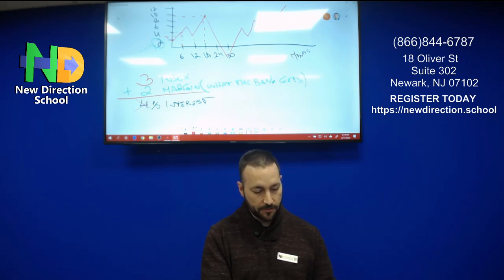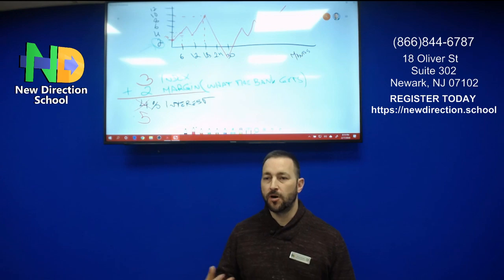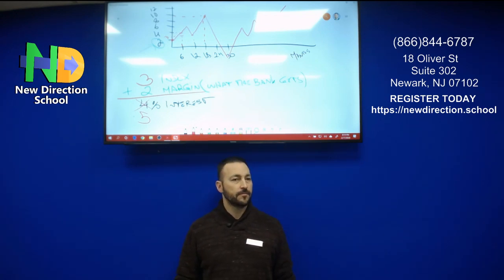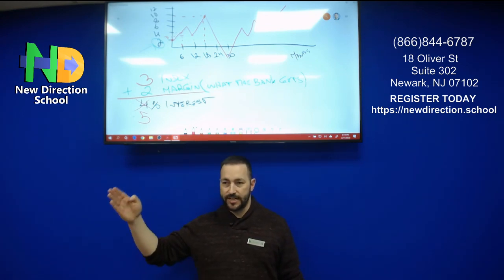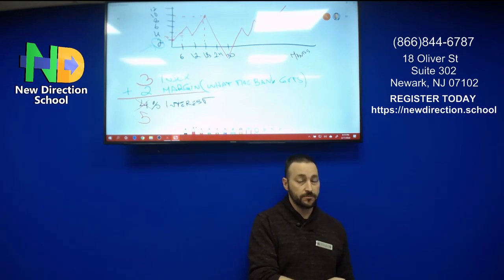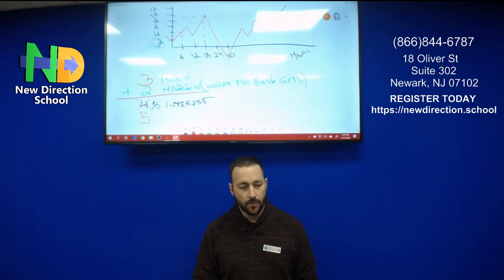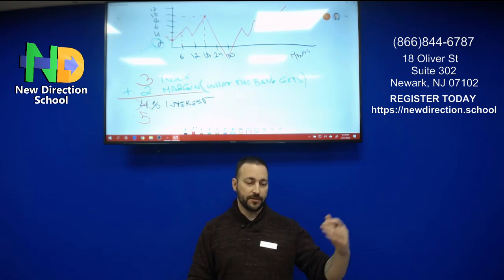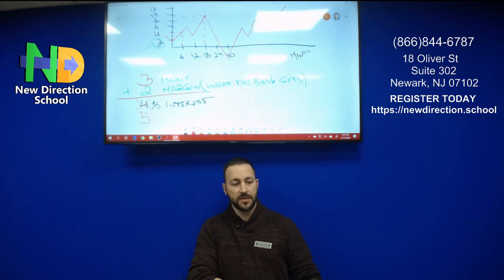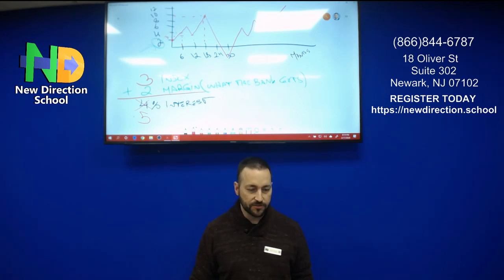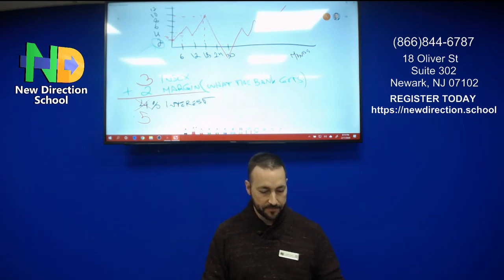Instead of 4, it's now 5. Did margin change? Margin does not change. It's steady over the lifetime of the loan. Okay? 6 months later, what happened? Well, actually it went up to 4, now we went down to 3. Okay. But on the 18th month, so the third adjustment, what happened to the rate? It goes up. It went up.